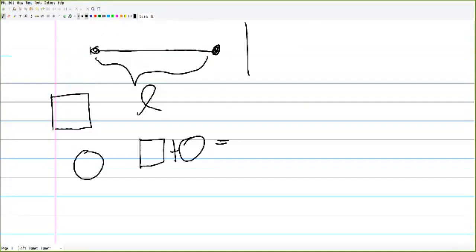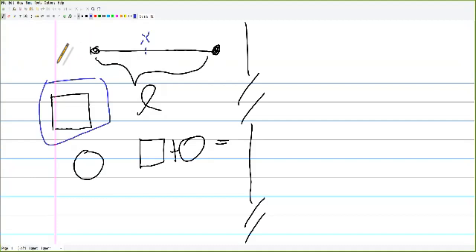So if I cut the L at this place here, from here to here is X, and from here to here is L minus X. So with the X part, I'm going to make the circle, and with the L minus X, I'm going to make the square.